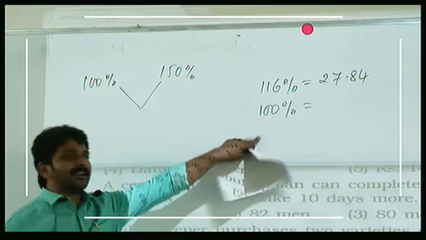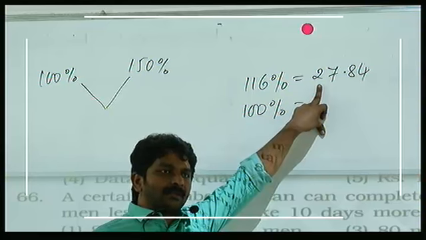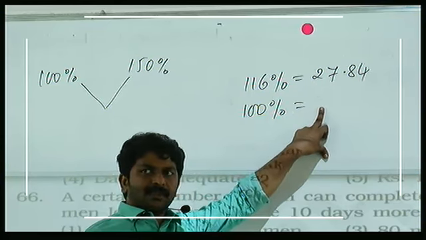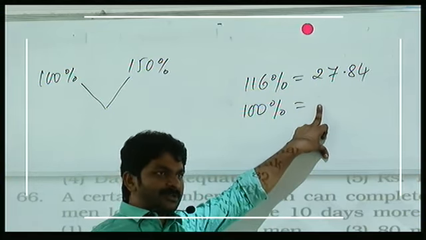Now, basically you could go for cross multiplication or horizontal or vertical comparison, but I don't want to do it. If 116% is this much, 100% will definitely be less than this. Yes or no? It will definitely be more than 20 rupees, but less than 27.84. Yes or no?